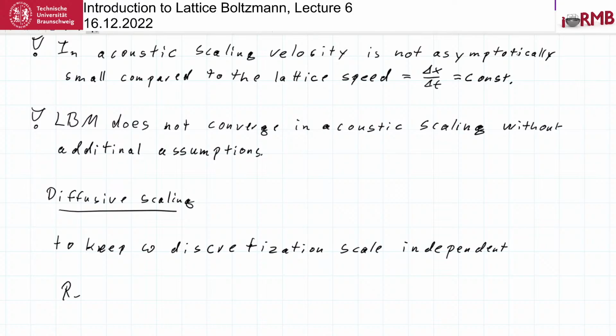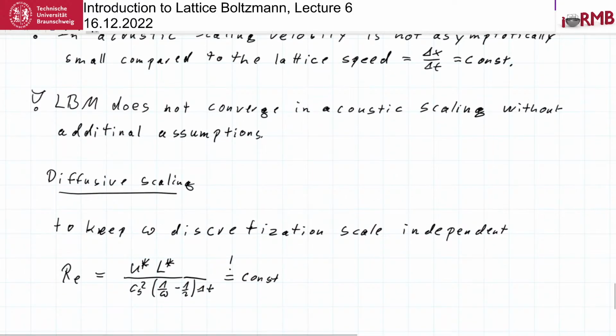Then return to our Reynolds number, which was U star times L star divided by cs squared times (1 over omega minus 1/2) times delta t, and this is supposed to be constant. Very important.